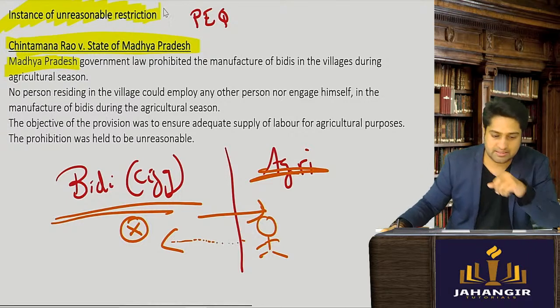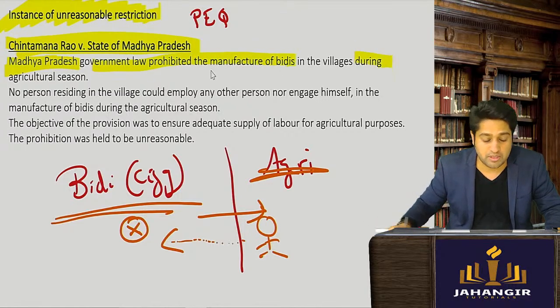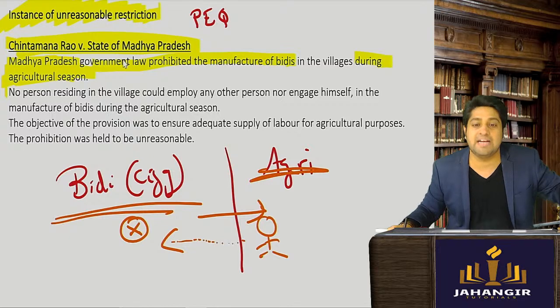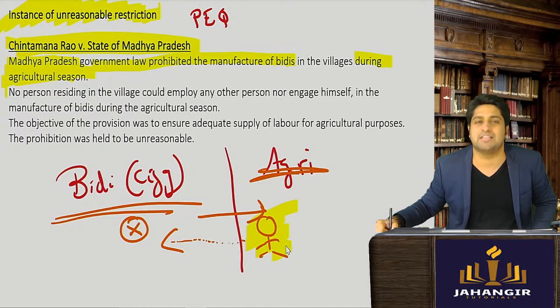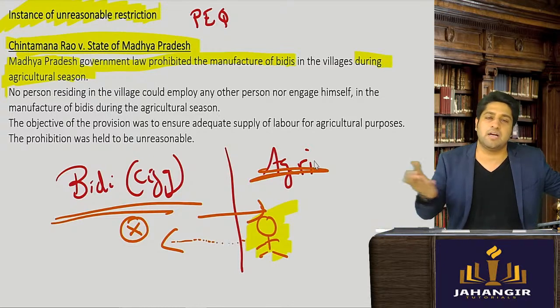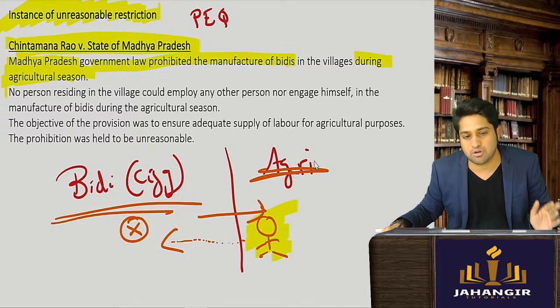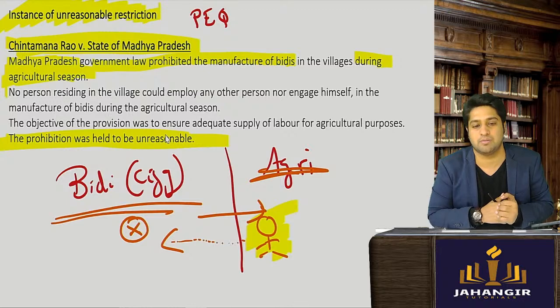What was the case? The government prohibited manufacture of BDs during the agricultural season. Obviously the BD manufacturers said that their business would shut down. And the farmers also said, listen, agricultural business is not that fruitful. We don't want to do it, we want to get into this business. So the state put an unjust law, and it was held that the prohibition was unreasonable.